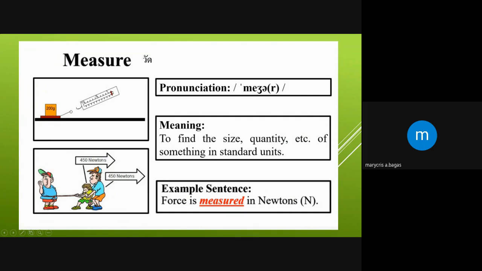This yellow shirt boy exerts 450 newtons and the sky blue shirt exerts 450 newtons. So if you add 450 plus 450, we have 900 newtons all in all. So they pull a total of 900 newtons.